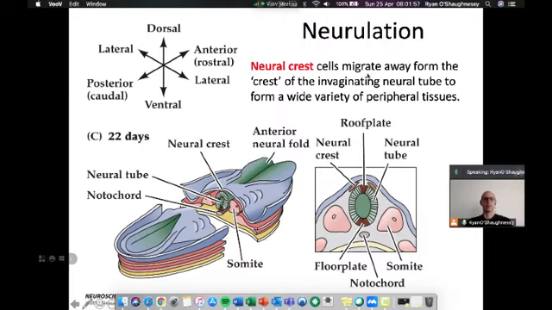These neural crest cells migrate away to form the crest of the invaginating neural tube to form a wide variety of peripheral tissues. So here we have our neural tube, and on top of that, forming a crest, are these neural crest cells.